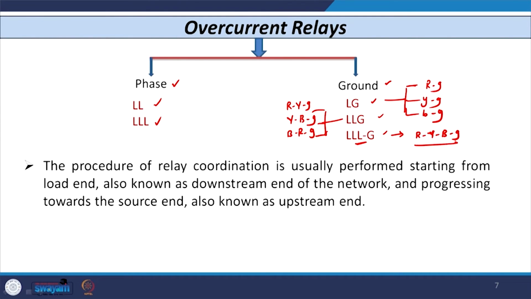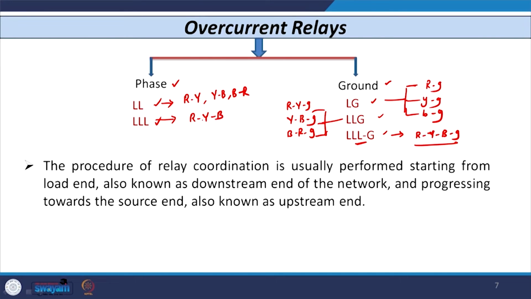In the same way, on the other side, if I consider phase overcurrent relays, then for double line fault, we have either the RY fault, the YB fault or the BR fault. There are three different faults, and when we consider the triple line fault, we have the RYB fault.